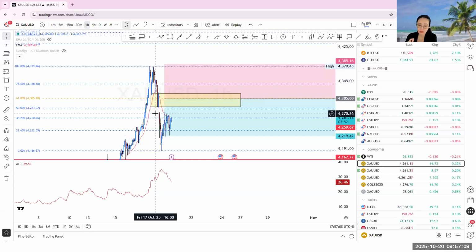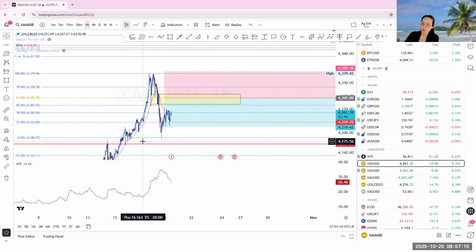Today you cannot really have a very tight stop loss unless you wait for the right entry and confirmation. My strategy now for gold is to reduce my lot size a lot, because gold moves very quickly.